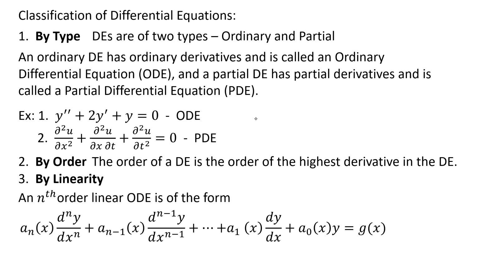What is that? That's the nth derivative of y with respect to x. For instance, you could have something like d cubed y dx cubed. Okay, and so we have some nth order derivative being multiplied by some function of x. That's what the first term is. In the second term, we have a similar concept. We have the n minus 1th derivative instead being multiplied by some other function of x.